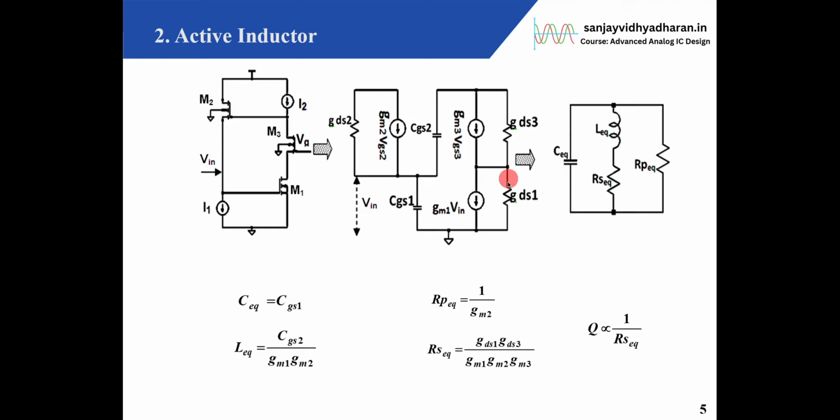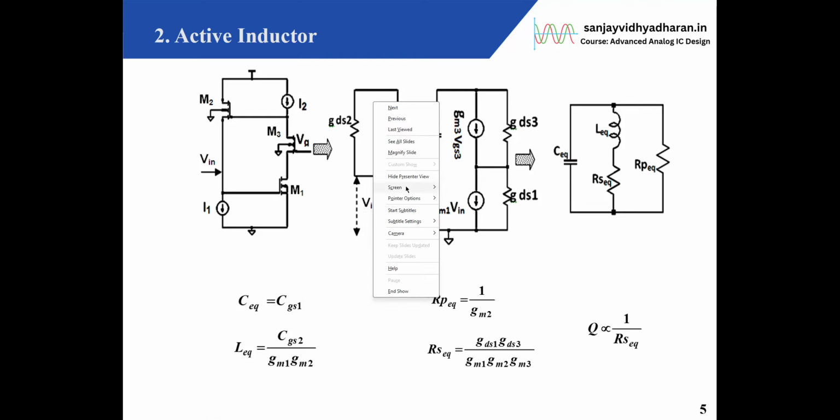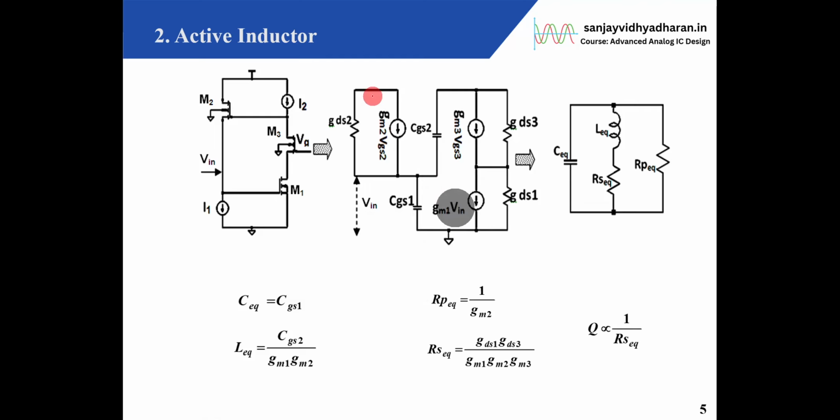This is the small signal equivalent circuit here, and there has to be a ground also here, because there is a DC here, right? So if you see here, this is equivalent to an RLC parallel network.